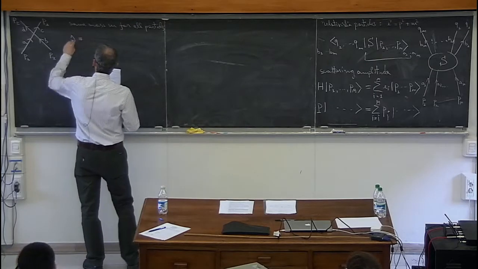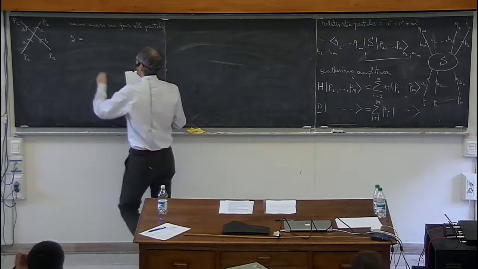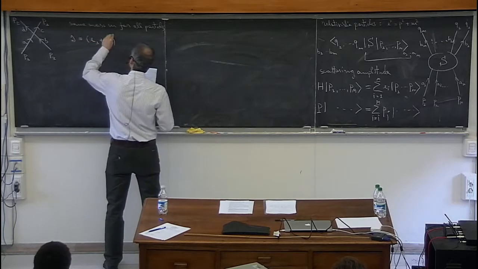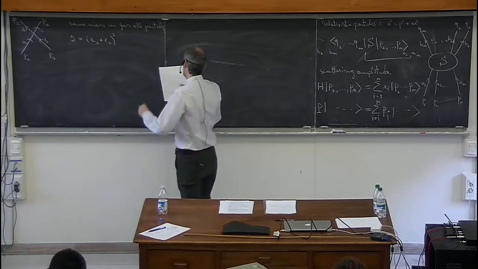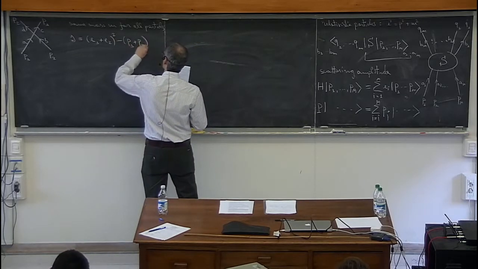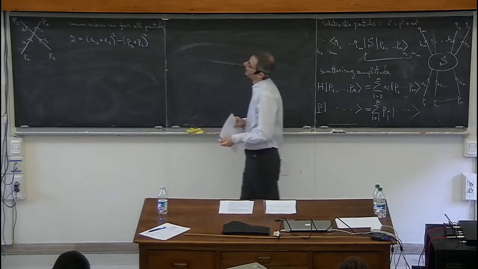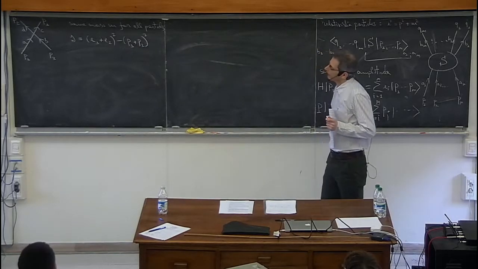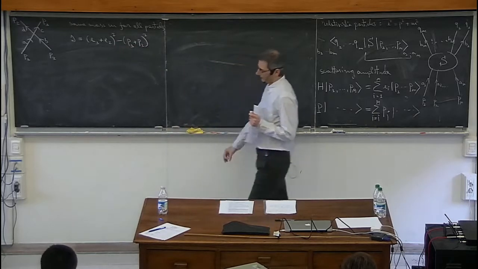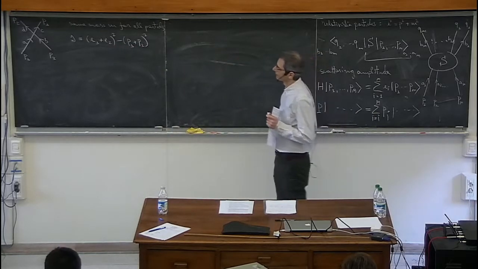I call it little s, and it corresponds to the square of the total energy minus the square of the total momentum. So this is the only independent relativistic invariant quantity you can write.